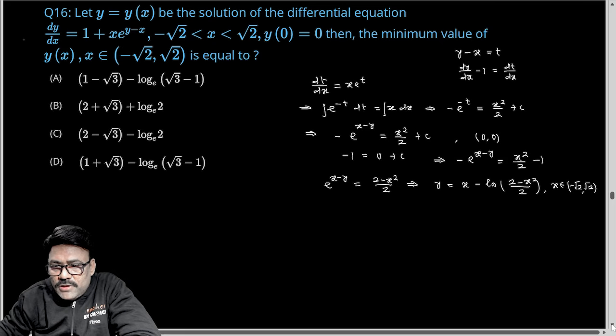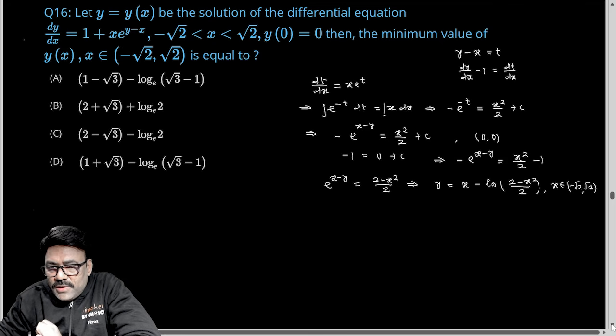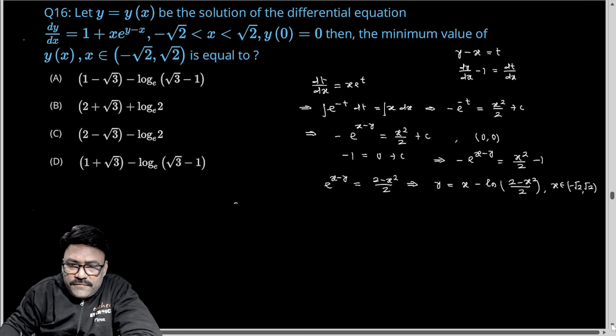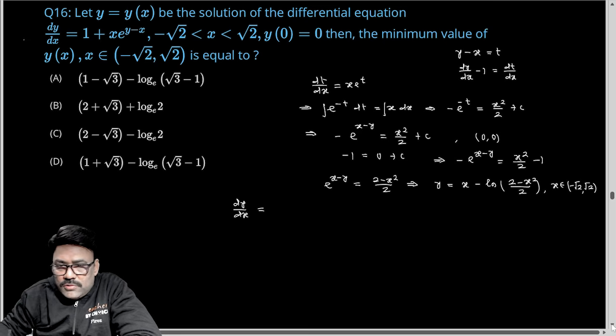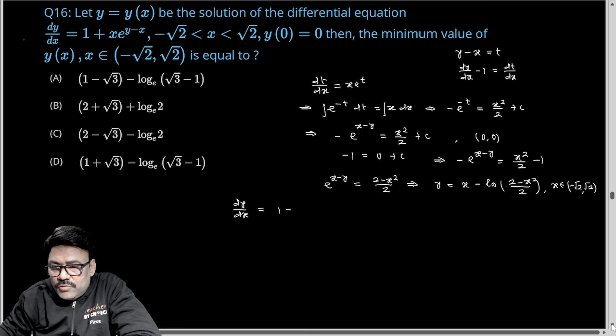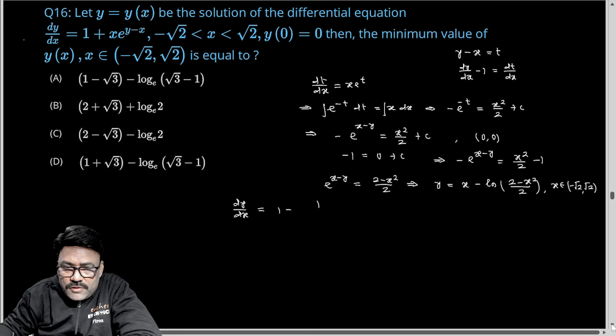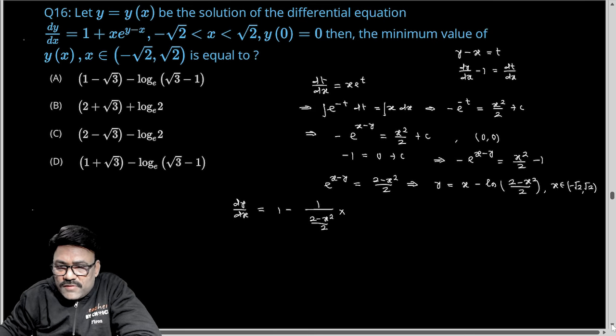So now you have to get the minimum value of this function in the interval minus root 2 to root 2. To get the minimum value, let's differentiate this one. You will get 1 minus the derivative of log of (2 minus x square)/2, which is 1 over (2 minus x square)/2, then chain rule: the derivative of (2 minus x square)/2 is 0 minus 2x by 2.